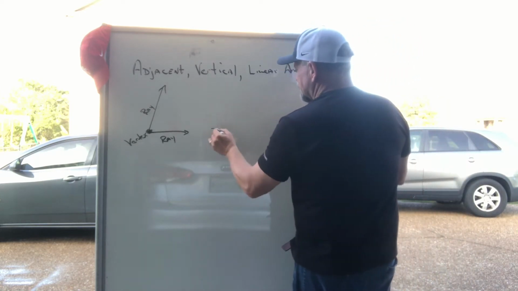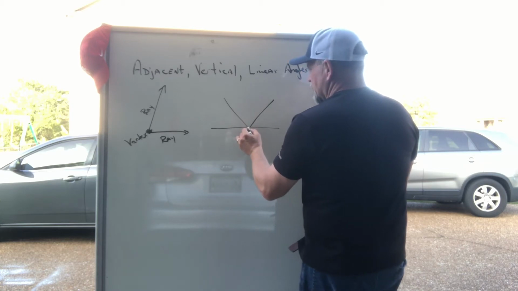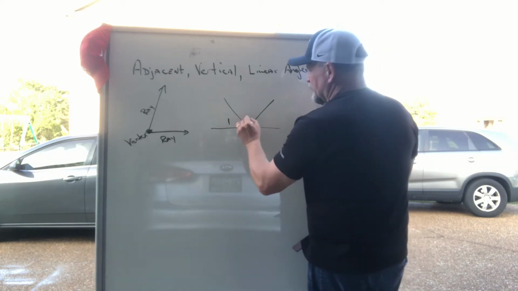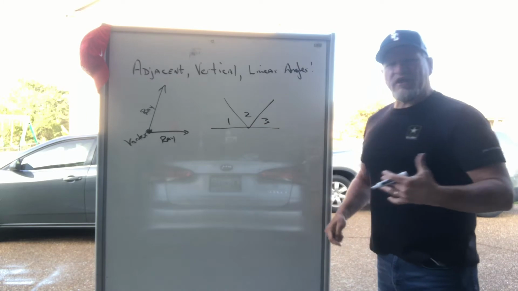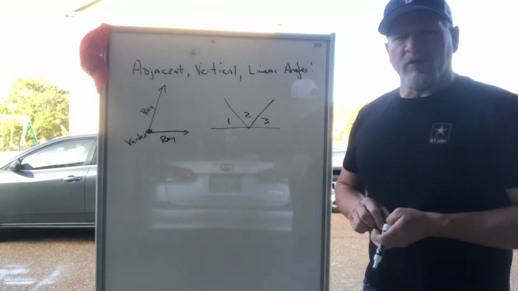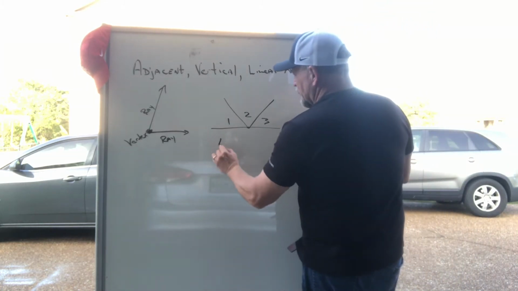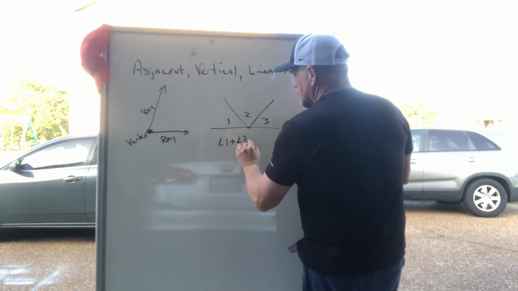So what are adjacent angles? Well, let's take a look at this. I'm going to form three angles here. I got angle 1, angle 2, angle 3. Adjacent means next to. Think about it like this: it'd be like the next door neighbor of angles. So an example would be this. Angle 1 and angle 2 are adjacent.